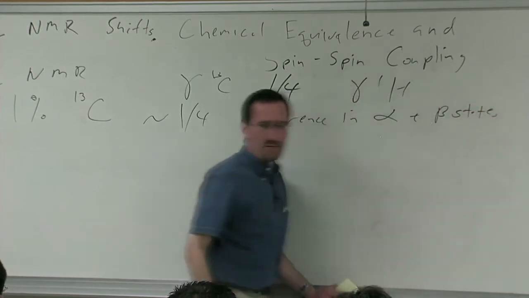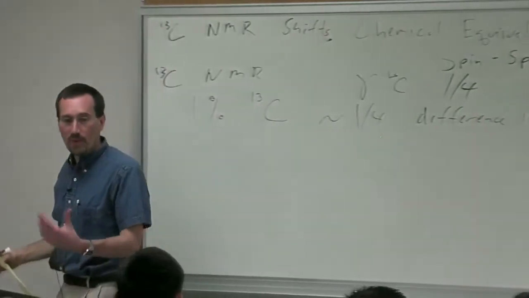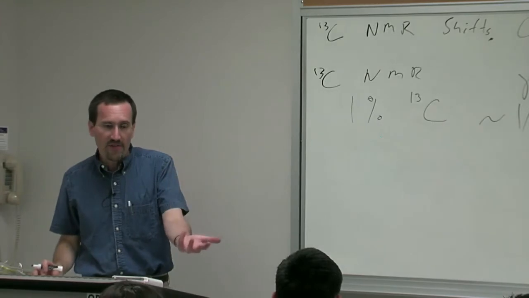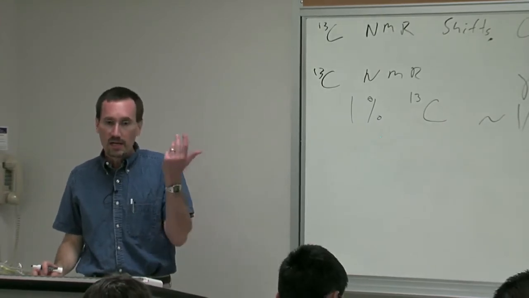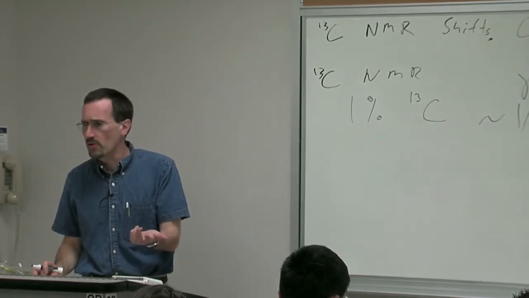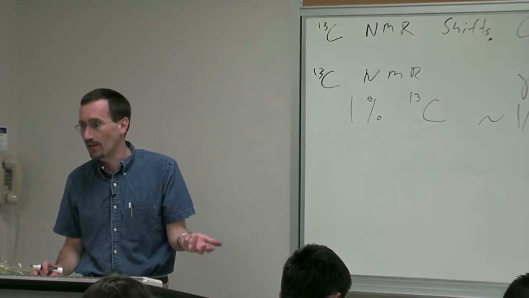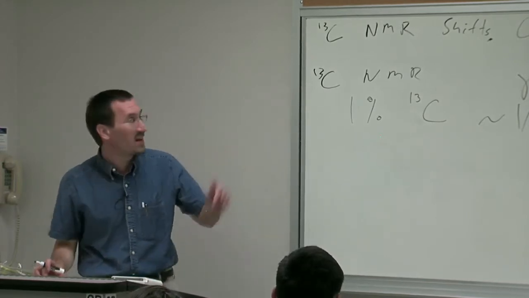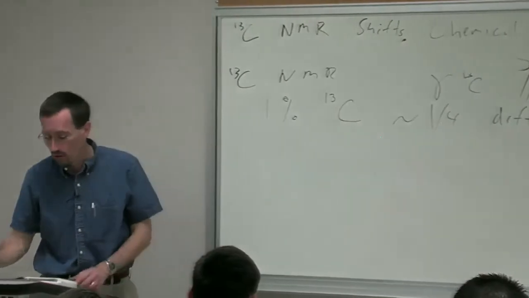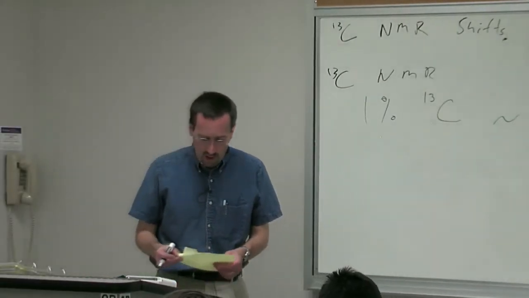So already we've got fewer nuclei that can flip up. To put it another way, a 500 megahertz spectrometer gives you a carbon spectrum at 127.5 megahertz, a hair over a quarter, because the magnetogyric ratio is a hair over a quarter. Things get worse than that.